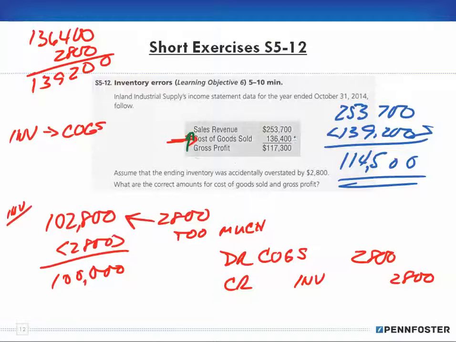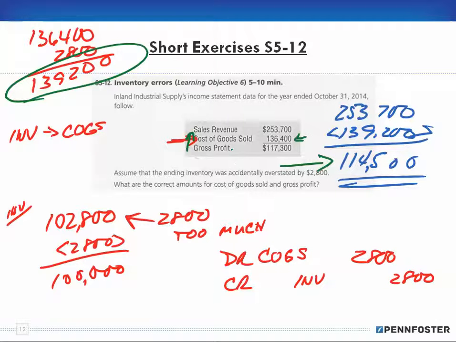So I would have just mentally added the $2,800 to the $136,400, which gave me $139,200, and I would have done the math to get my gross profit here at $114,500. That's what it should be, because since it's overstated, I have to make the adjustment to bring it back into the correct actual amount.